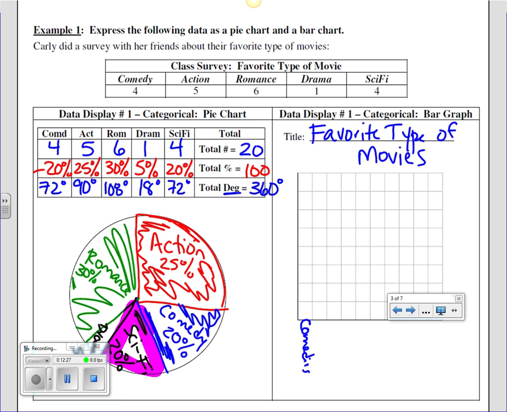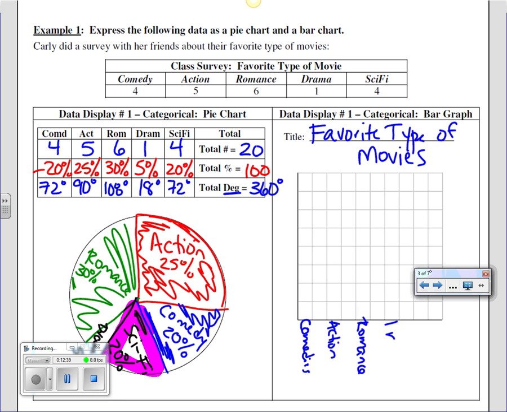Comedies, action, romance, drama, and sci-fi. Okay, for a bar graph, there are technically spaces between the bars, if you care. Okay.